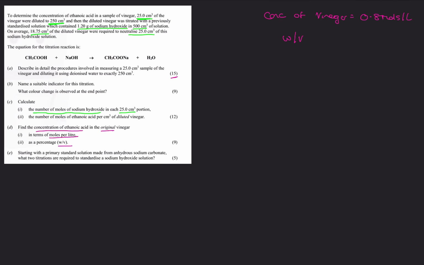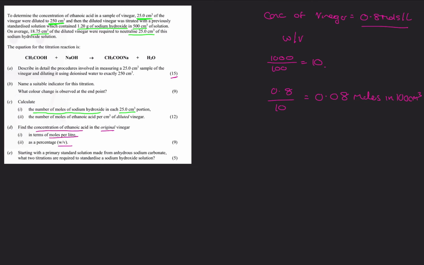So we have currently the concentration in a litre. So how many moles are in 100 centimeters cubed? So 1,000 divided by 100 gives you 10. So that tells you what you need to divide that 0.8 by. And you get 0.08 moles of the vinegar in 100 centimeters cubed.